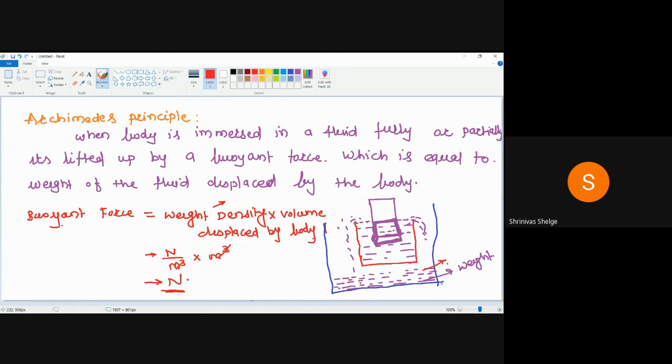This is a very important formula. From the GATE point of view, you should understand this formula. If you understand this formula, you can solve the problems regarding this. So weight density is defined for the particular fluid, correct? Volume of the fluid displaced by the body. So how to measure the volume of the fluid displaced by the body? That is my question.